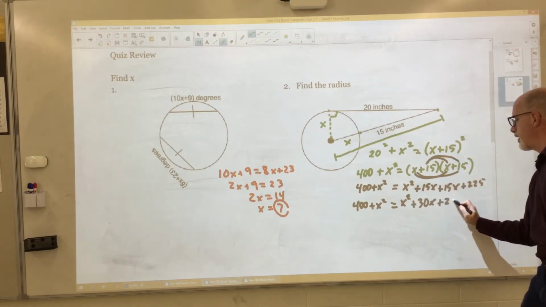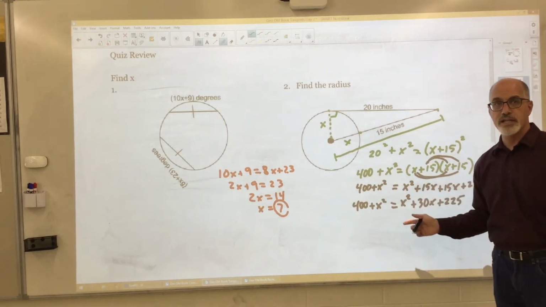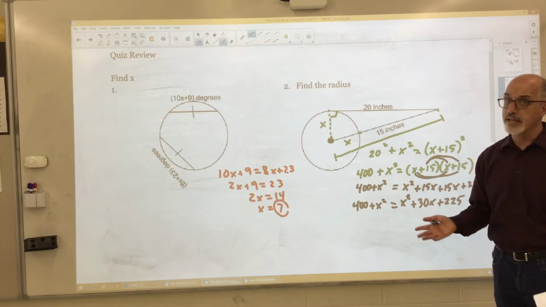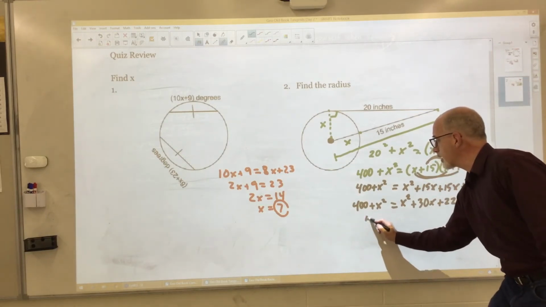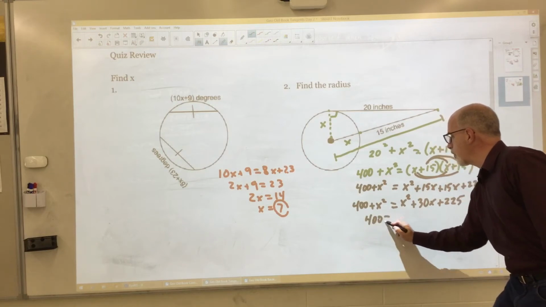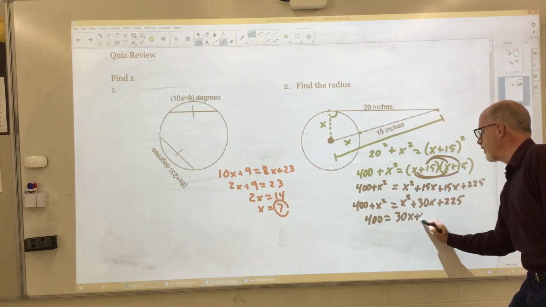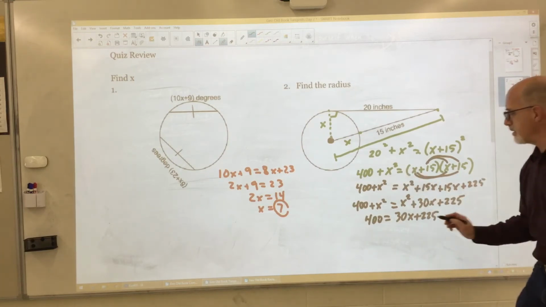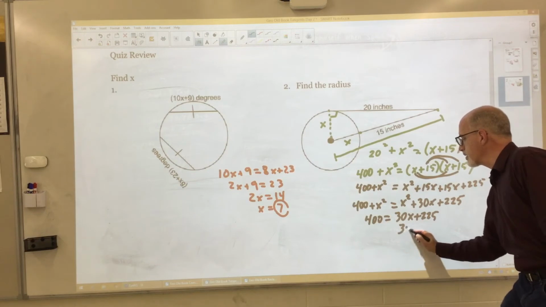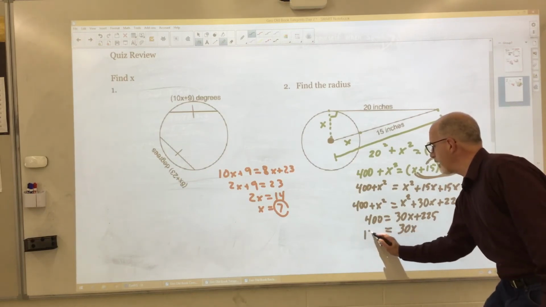Now, if you look at this, I've got an x squared on both sides, so when I subtract x squared from both sides, it's gone. I get 400 equals 30x plus 225. Let's subtract 225 from both sides. You get 30x equal to 175.